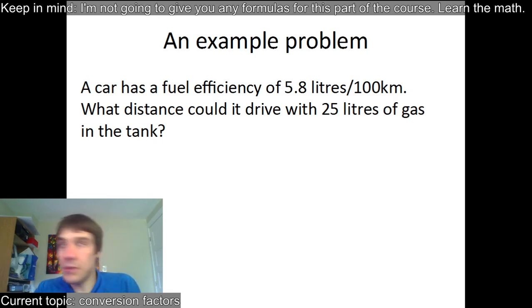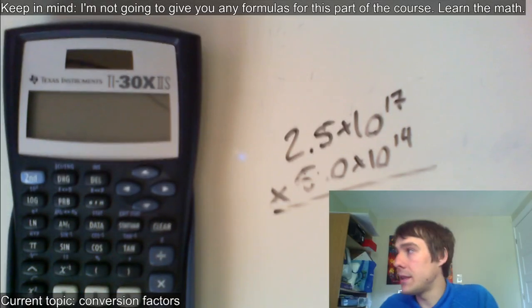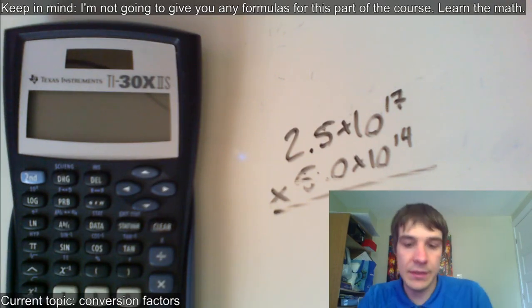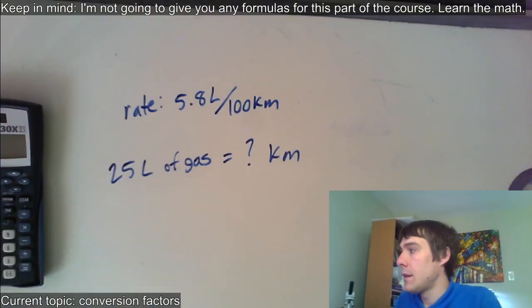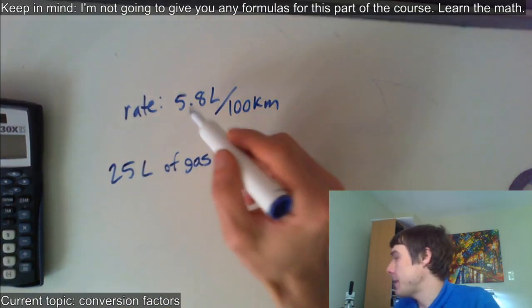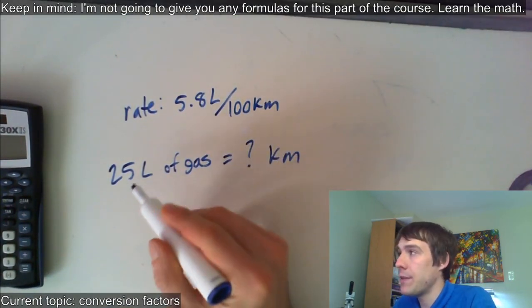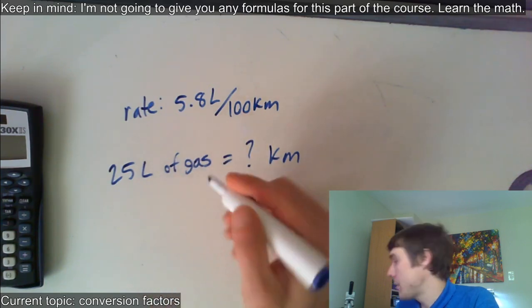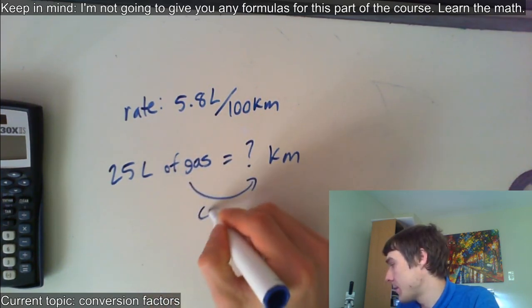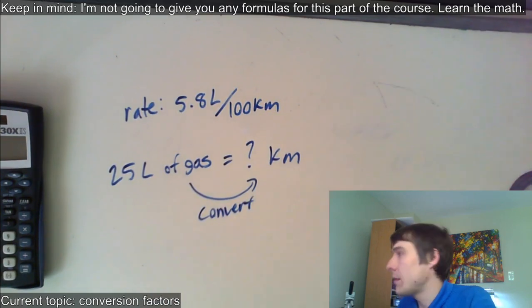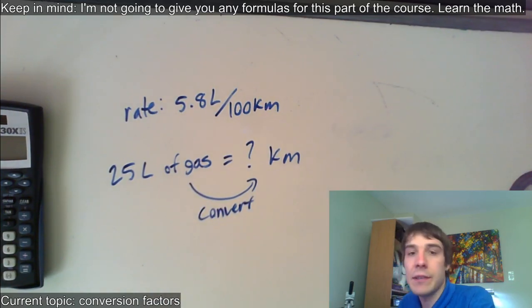So we're going to go over to this and solve that. Here's the basics of a conversion factor problem. We have our rate, 5.8 liters per 100 kilometers, and we have 25 liters of gas. We want to convert liters into kilometers because we have our rate. We have this thing that lets us convert it.